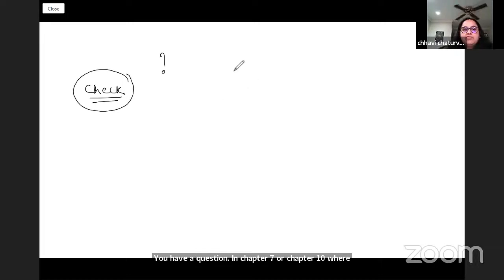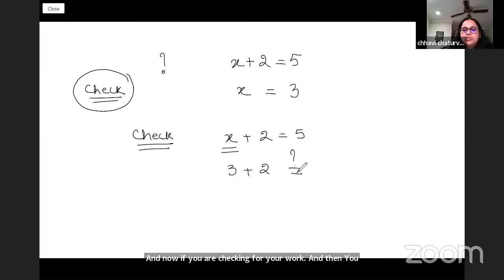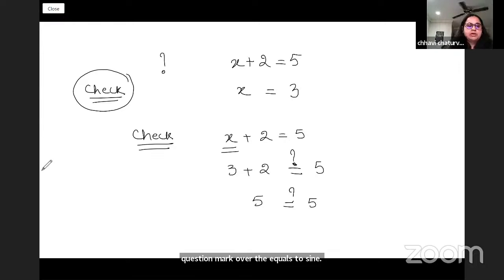But let's say if I give you x plus 2 equals 5, then your x is 3. And now if you are checking for your work, then you will substitute x equals 3. At this point, you put a question mark over the equals sign. Until you reach a conclusion, you put a question mark.